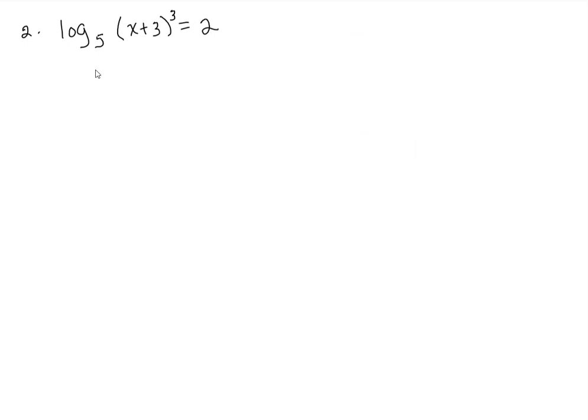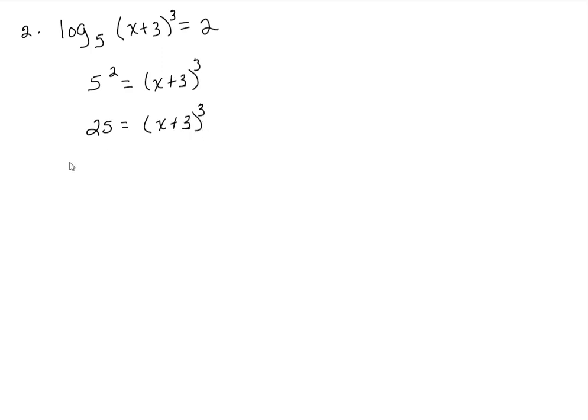Okay, problem 2. Again, I have a single logarithm. The base is 5, and I'm going to write this as an exponential. So 5 squared equals x plus 3 cubed. Okay, this is 25 equals x plus 3 cubed.